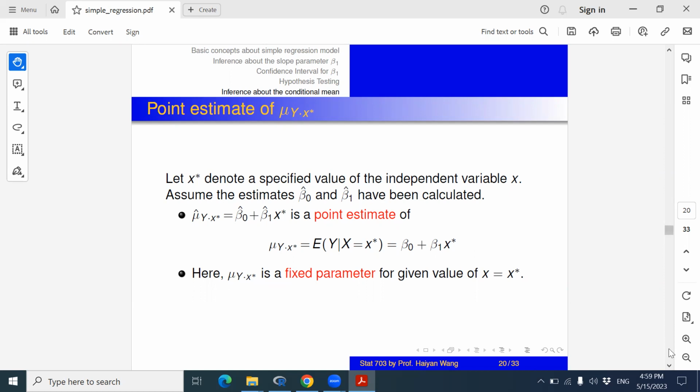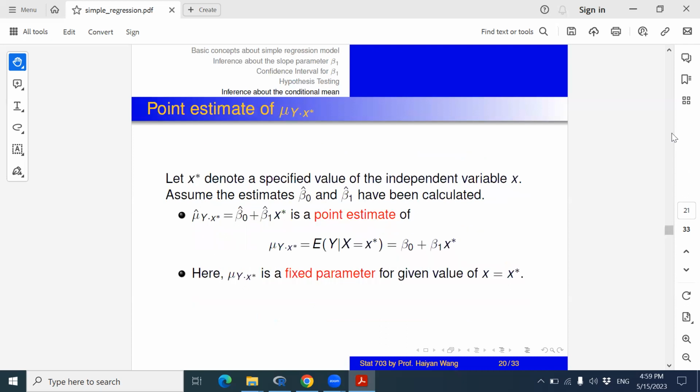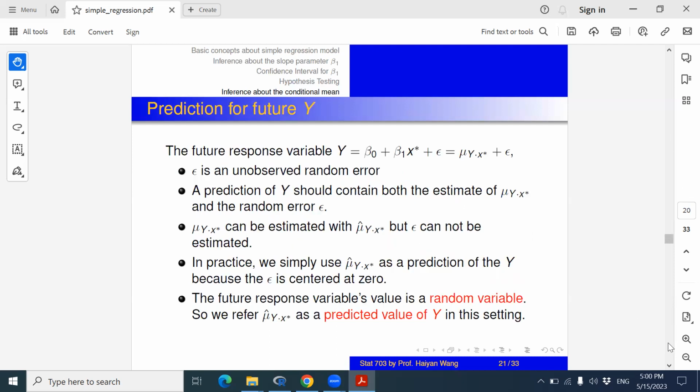So when we consider any inference about this mean, we would use the estimate minus this mean and then divide by the standard error, right? We'll get to that afterward. So that's talking about the point estimate.